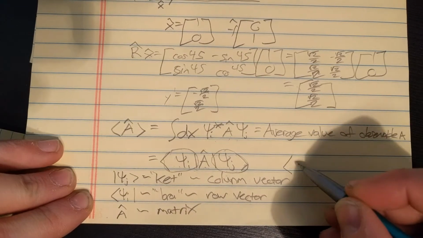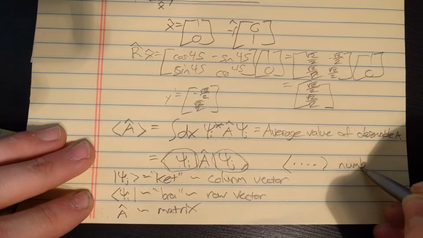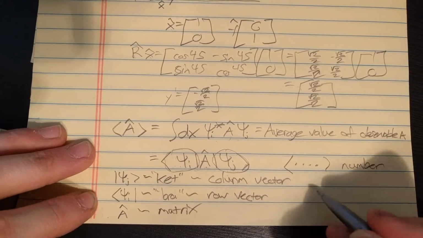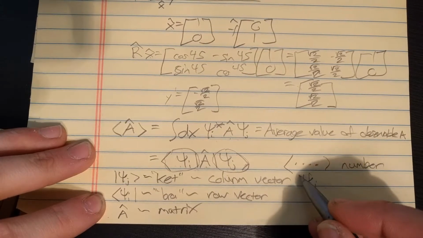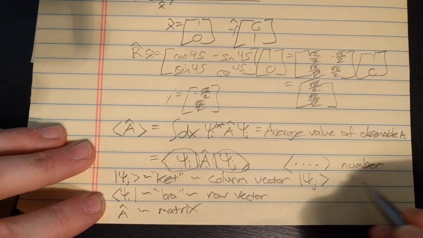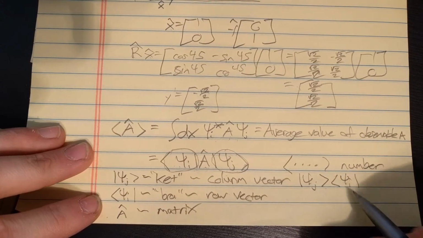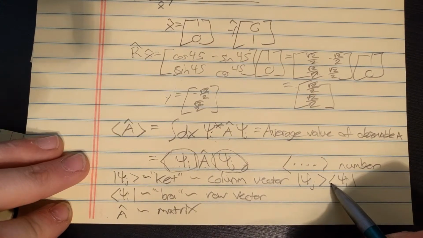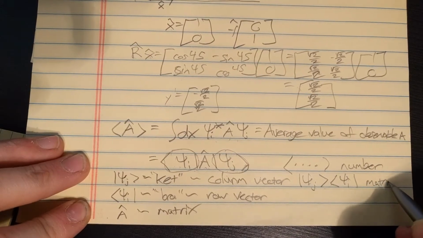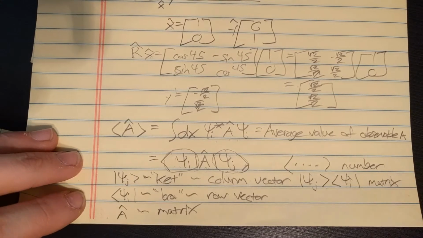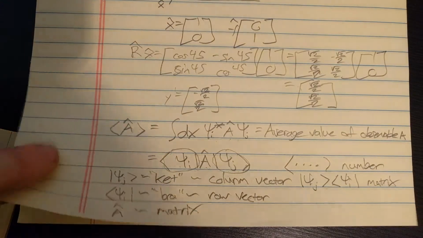It doesn't matter what's on the inside, that's going to give you a number. But let's take another case. What if we have psi j over here, and it looks like this? And let's just write psi i over here. Well, the brackets aren't closed, so this is going to give you a matrix. And I'll illustrate that a little bit more with a specific example on the next page.